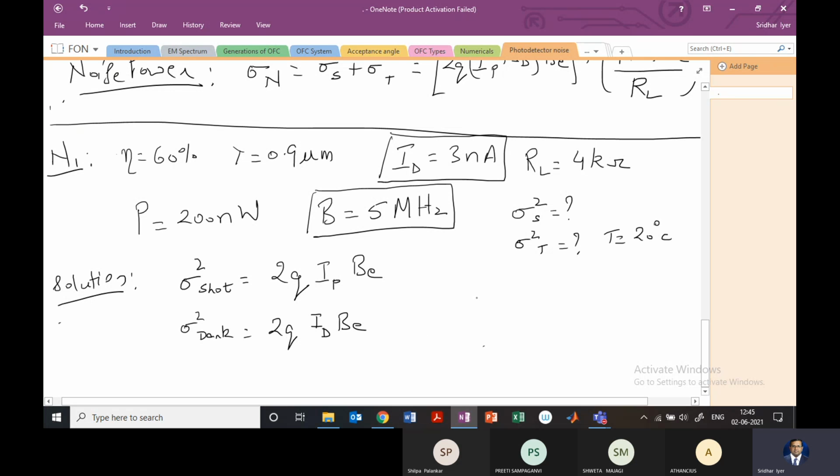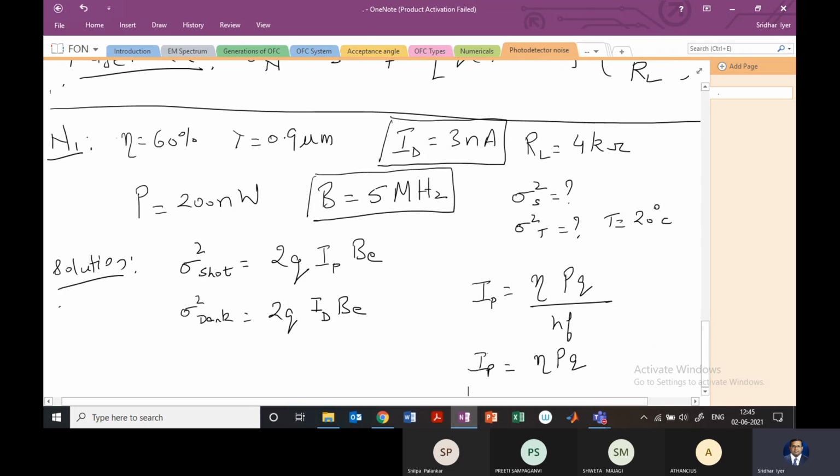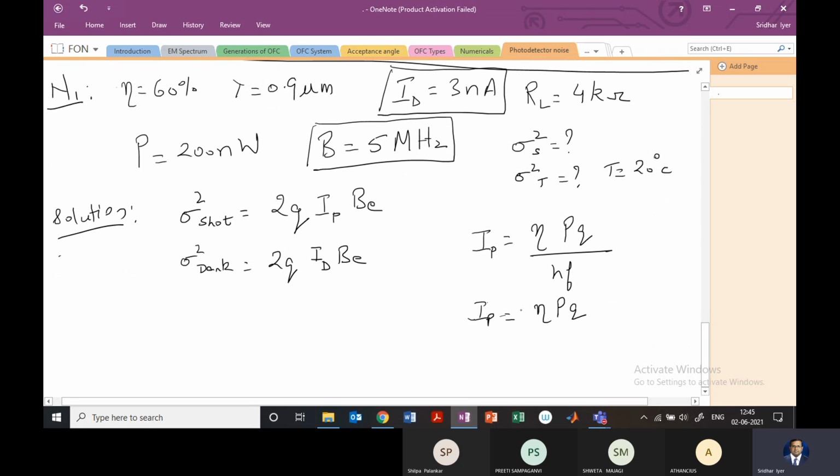But what we know from photodetector, it's a pin photodetector, we know the equation relating quantum efficiency with the photon current, and that is Ip is eta Pq divided by hf, right? We can also write this in the form of wavelength. So it will be eta Pq, denominator will be hc by lambda.